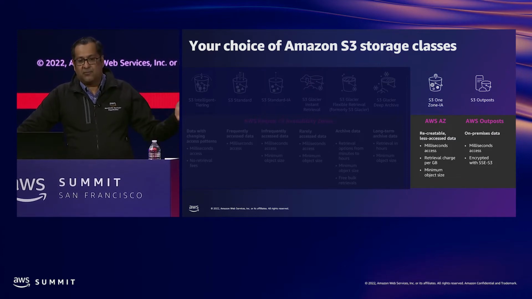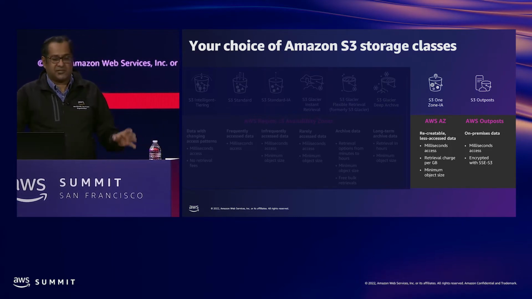If you remember, in the previous storage classes that I mentioned, the data is stored in 3 or more availability zones. With One Zone Infrequent Access, the data is stored in only 1 availability zone. I would like to point out, and this is a common misconception, we do not compromise on availability or durability. Even with One Zone IA, the durability of the data is 11 nines, and the availability is 99.9, right? So the difference is only in the number of availability zones in which the data is stored.